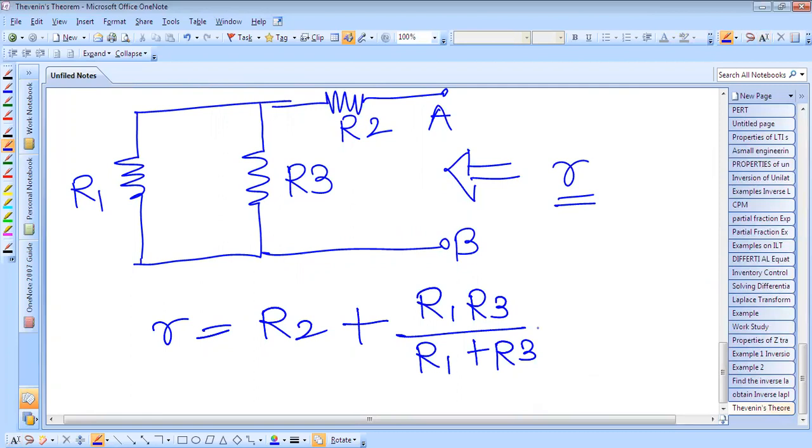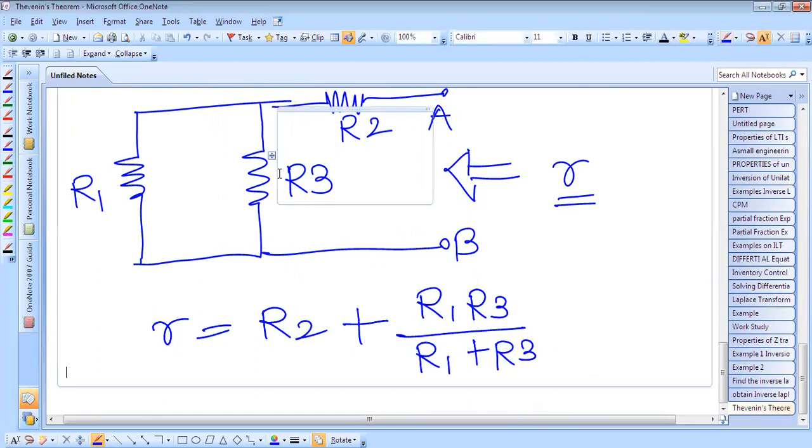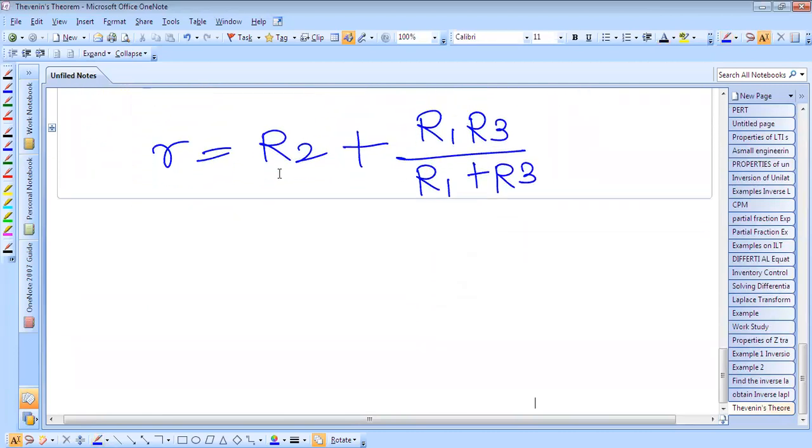Now according to Thevenin's theorem, the active network will have this resistance, and your voltage source will be there. Now we have to draw the simple circuit which shows all this.